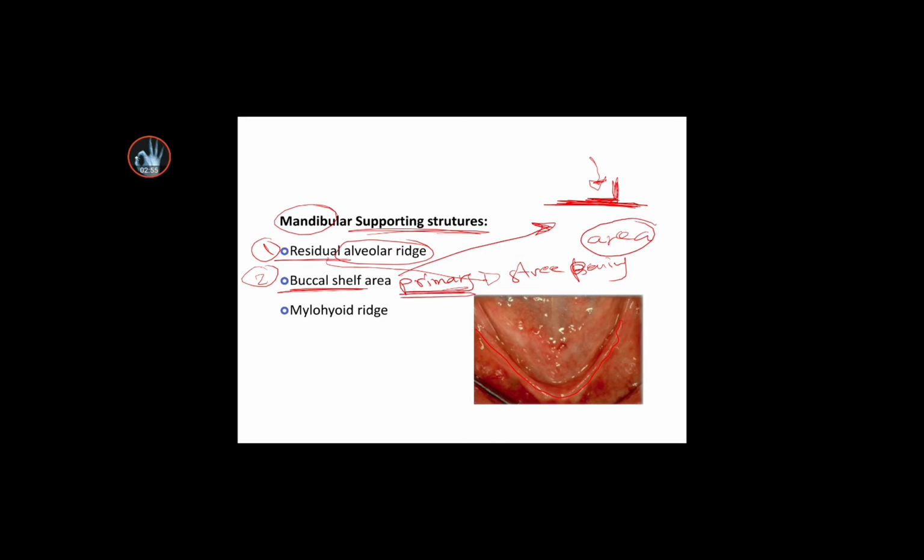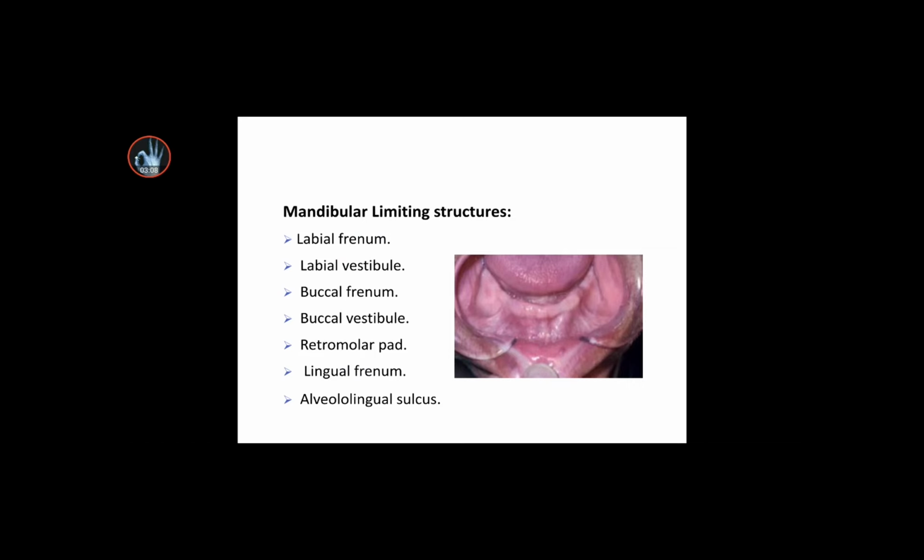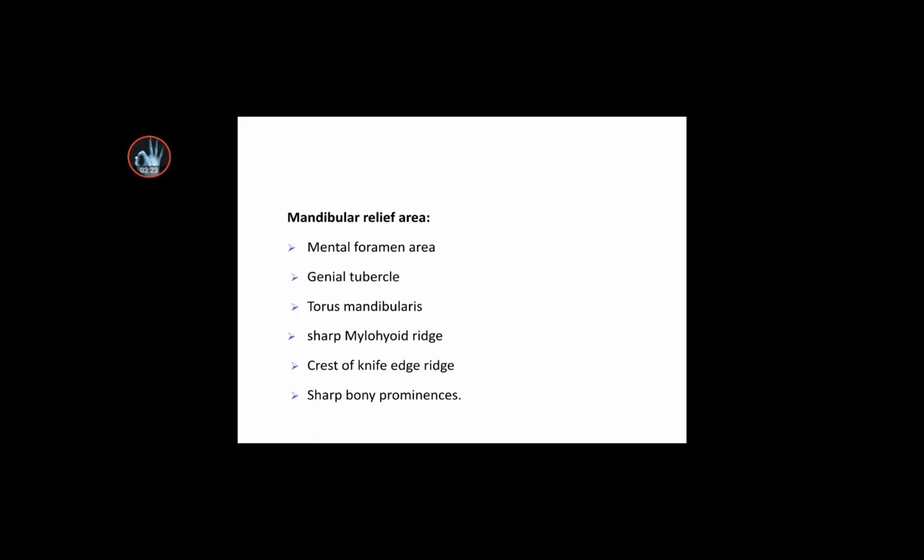To know the difference between primary and secondary stress bearing area, you should go back to the previous lectures. The third structure is the mylohyoid ridge. So let's consider each one individually, and we will talk in the next lecture about the limiting structures, which are the labial frenum, labial vestibule, buccal frenum, buccal vestibule, retromolar bed, the lingual frenum, and the alveolo-lingual sulcus. This is in the next lectures.